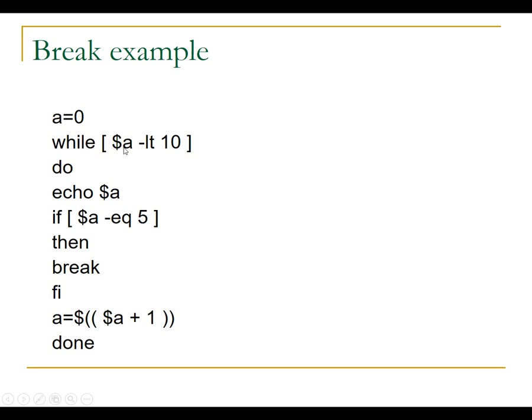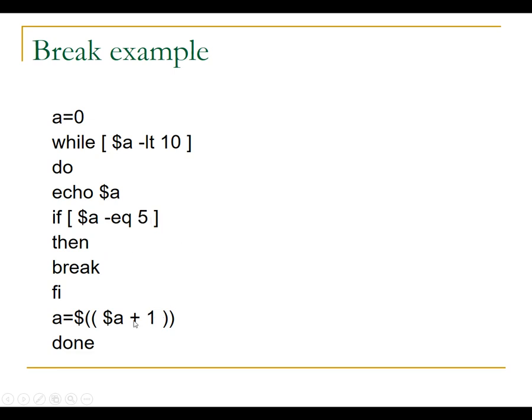Again this entire repetition is done for the second time. For 2 it is less than 10, it prints 2 onto the screen. It checks whether a is 5 or not, the condition becomes false, then again it adds one more value, a becomes 3. For 3 this condition is also false, then it becomes 4. For the value 4 this if is also false.